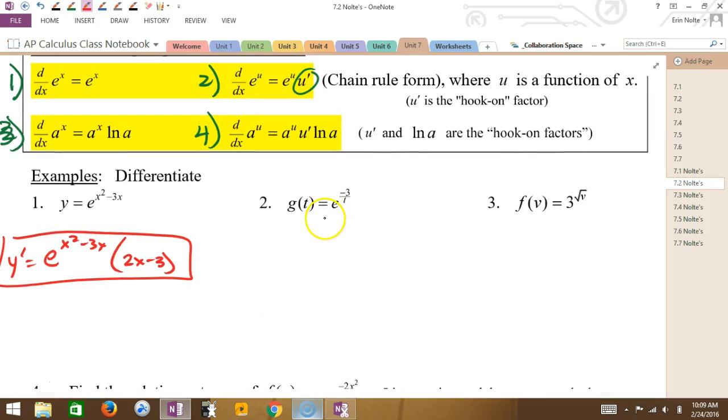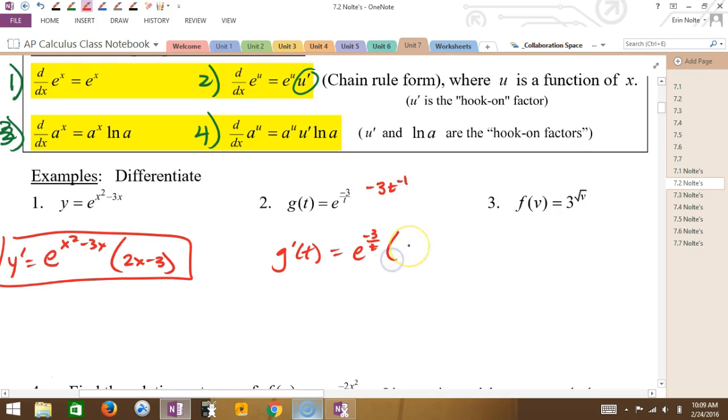Right. Okay, what about number 2? Which rule am I using for number 2? 1, 2, 3, or 4? It's a base of e, and it doesn't have an x, so that's a number 2. Number 2 says I just write what's given, and then I have to multiply by the derivative of the exponent. So remember the exponent, 3 over t, is the same as negative 3 times t to the negative 1.